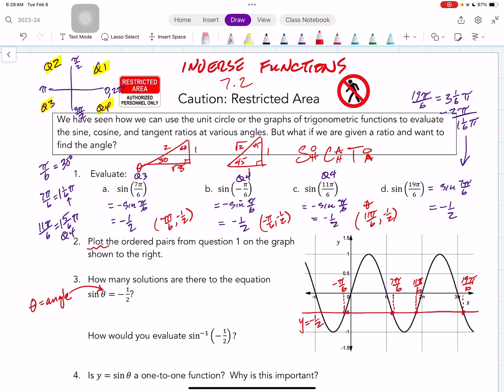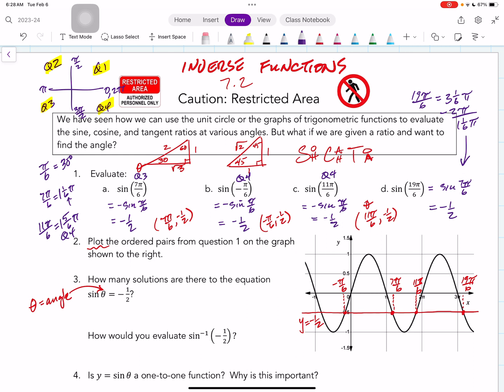In the graph here there are 4 shown, but if you take a look at their coterminal angles and continue the graph of sine, remember this graph is infinite. The sine never stops, it oscillates up and down forever, and this horizontal line at negative 1/2 goes on forever too. So this would have an infinite number of solutions.